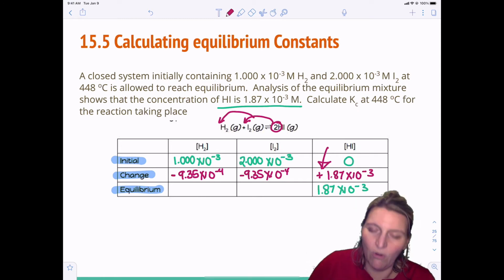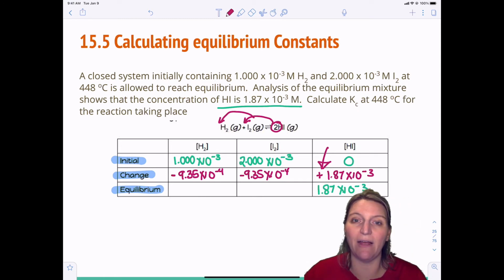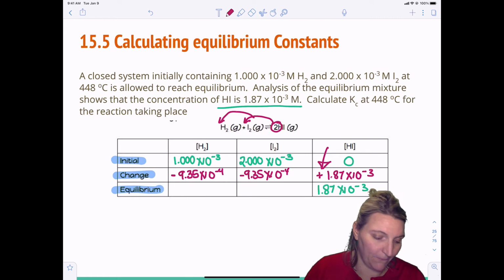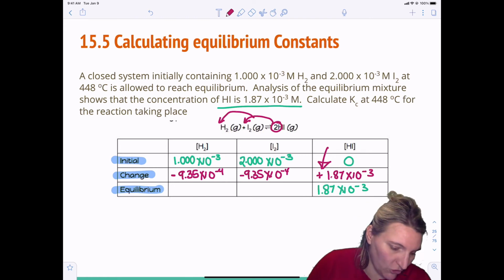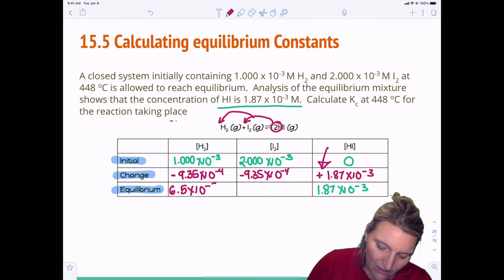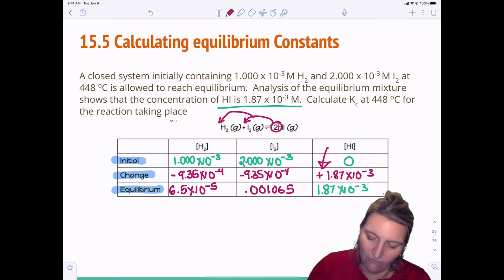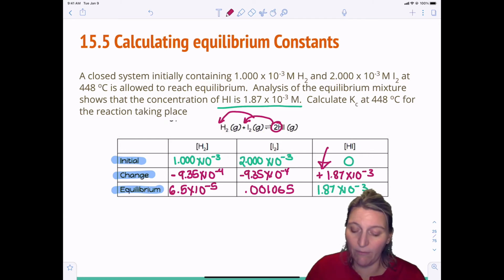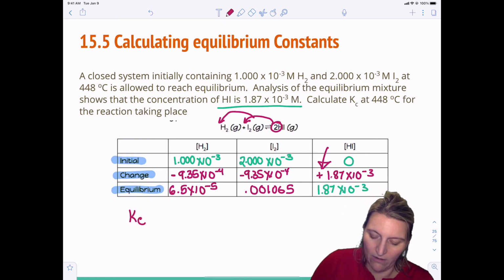And remember, the HI went up by that amount. These will need to go down by that amount because in order for the reactants to make products, some of them need to react. So their concentration is going to go down. So I actually do the subtraction here. I get 6.5 times 10 to negative 5 and 0.001065. Well, now that I have that equilibrium row, I can write the equilibrium constant expression from the balanced chemical equation.